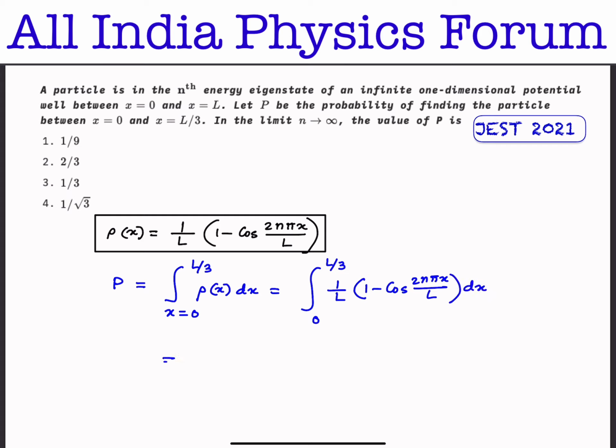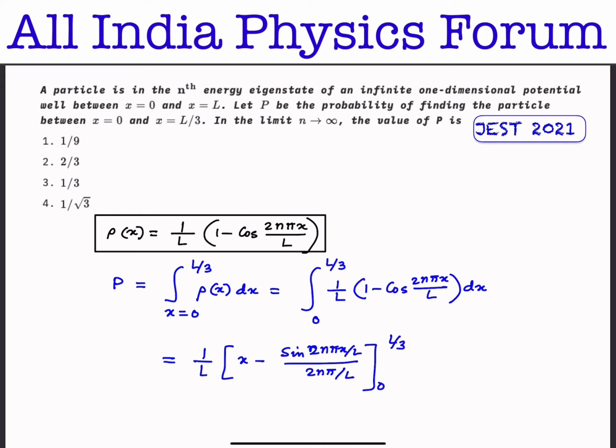If you do the integration, you will simply get 1 upon L outside, and the other integration will be x minus sine(2 n pi x upon L) divided by 2 n pi upon L, from 0 to L by 3.